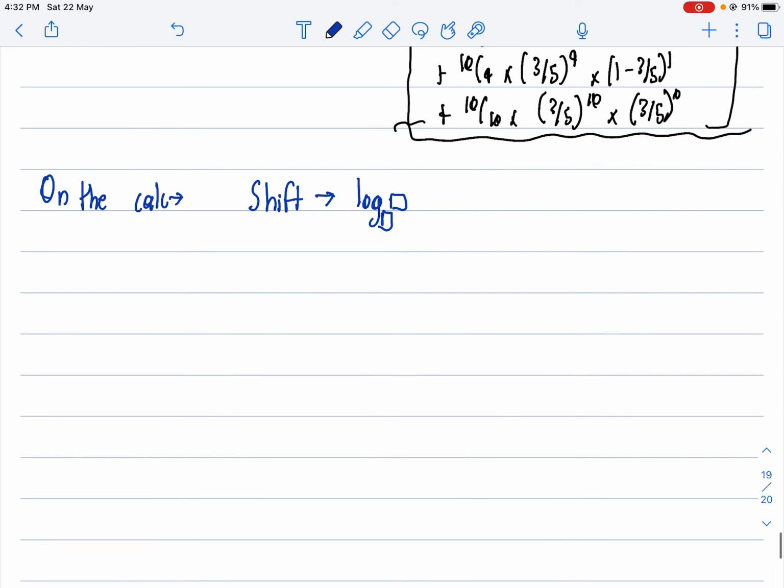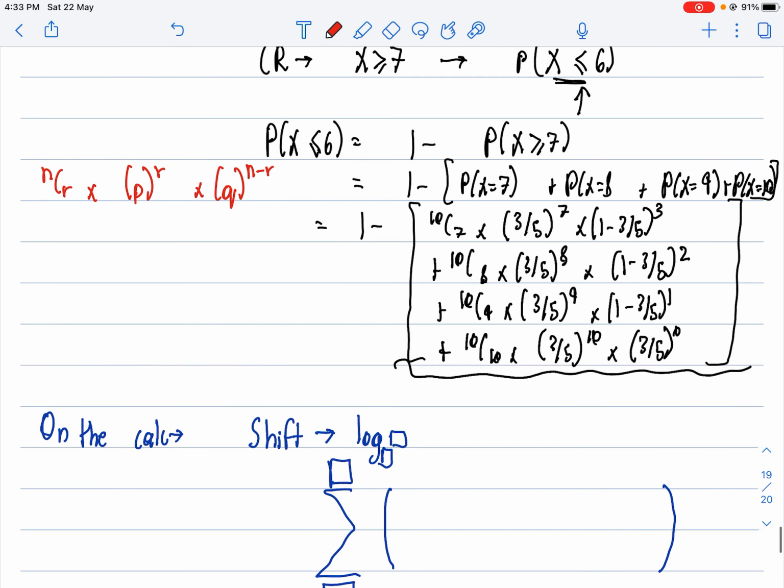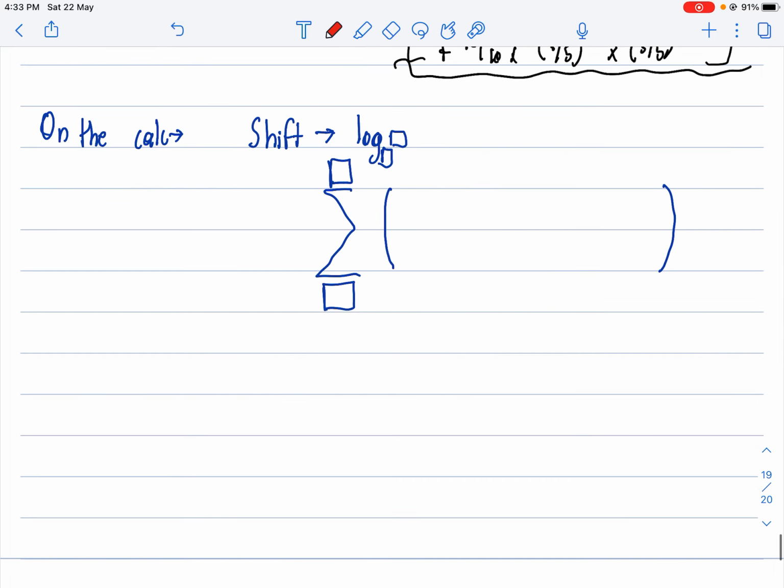When I do that, I get something like the summation sign with a limit here and a limit here, and a bracket. We are calculating the summation from basically 7 to 10. So here I can write 7, here I can write 10.